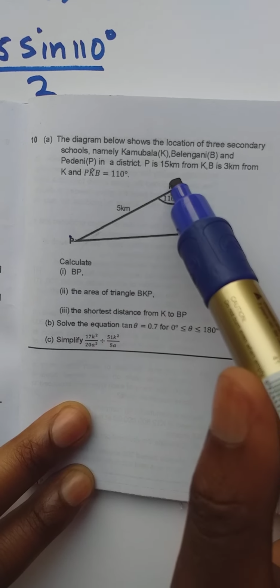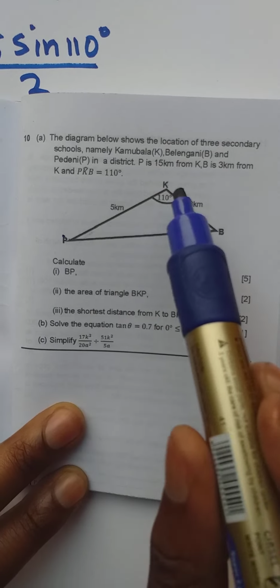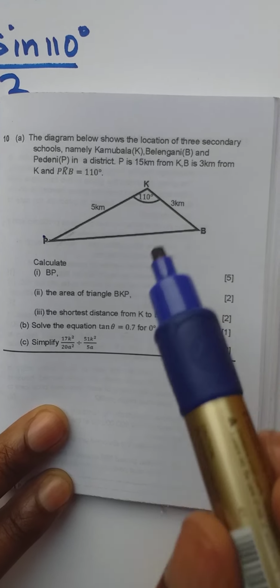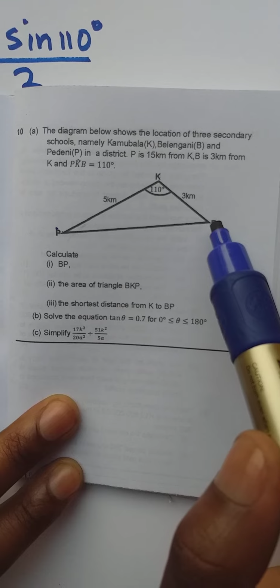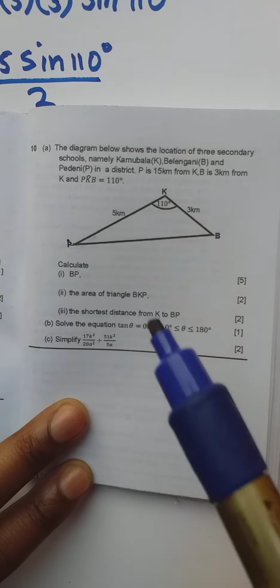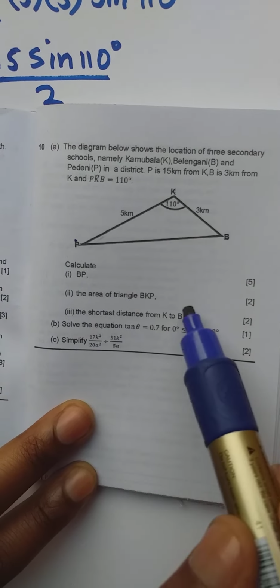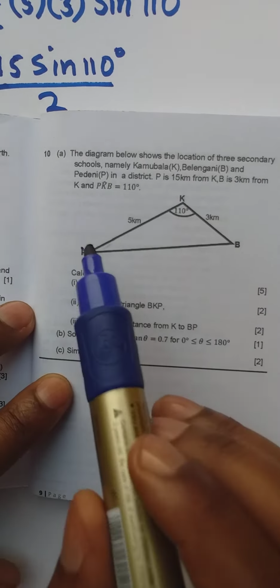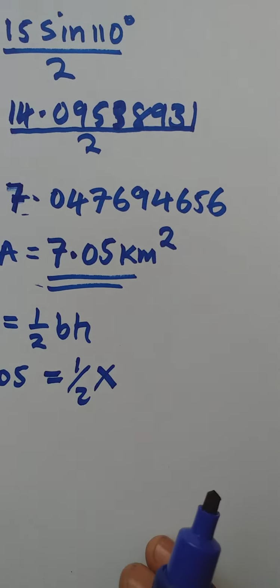Since the question is saying from K to distance BP, the BP is the base. So we take the distance BP to be the base always.